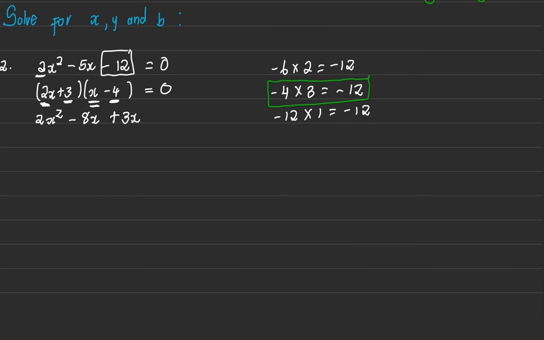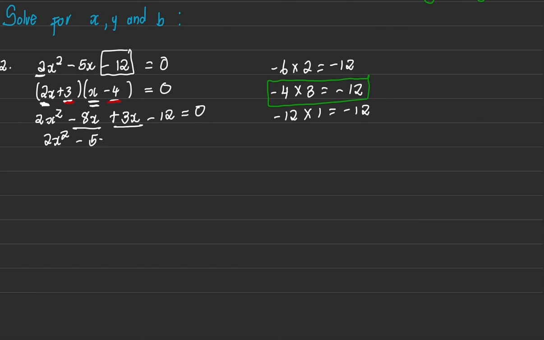And if you take your 3 again and multiply it by -4, you're going to have -12, which is equal to 0. So if we simplify this, we will have 2x squared minus 8x plus 3x, which is -5x, minus 12, which is equal to 0. This means that our factors are actually correct. But be sure to do this on the side, not on the equation itself, when you are answering questions on a test.